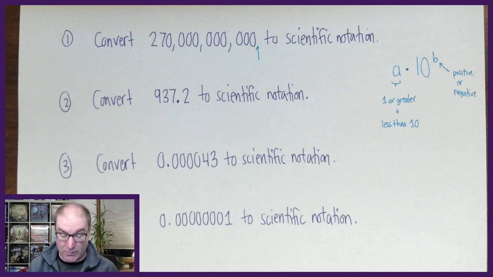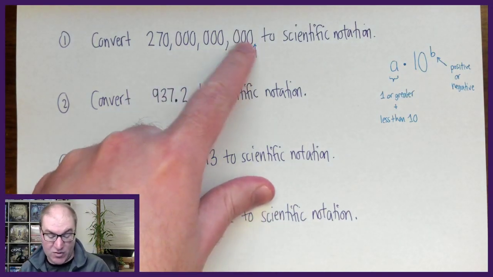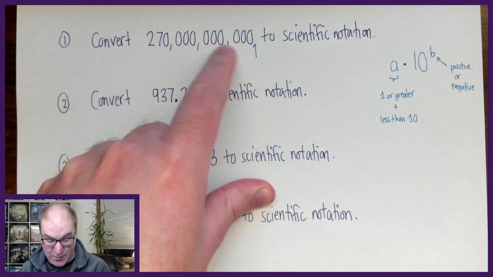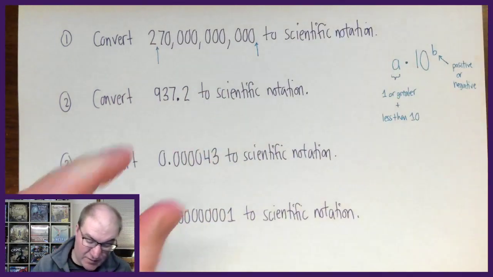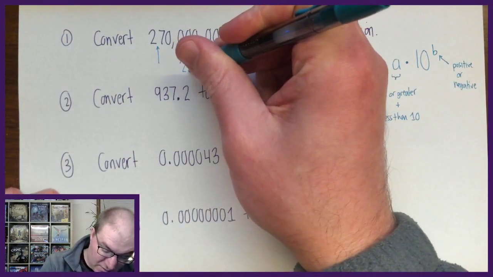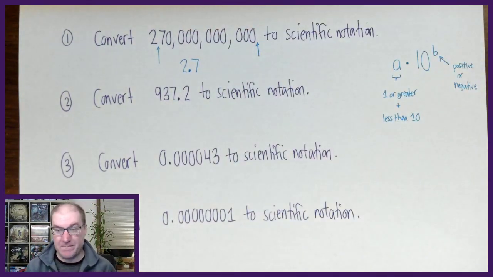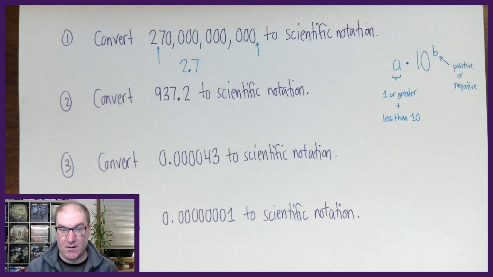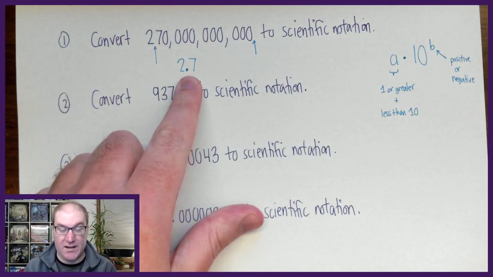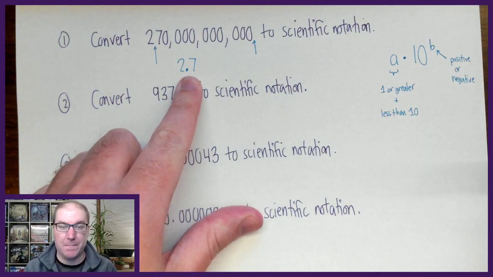So now I need to determine where should the decimal go to make this number between 1 and 10. So if I put the decimal right here, between the 2 and the 7, that would make 2.7. That's 1 or greater, and it's less than 10, right? That number's between 1 and 10, and it is allowed to be 1.